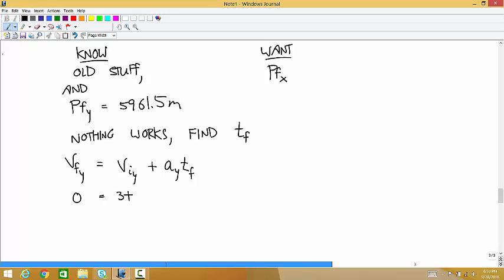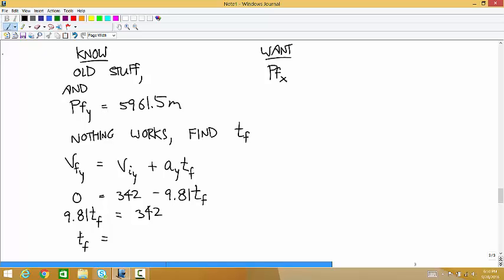VIY is 342. AY is negative 9.81. So let me write it this way. So 9.81 TF is equal to 342. So TF is equal to 342 divided by 9.81.